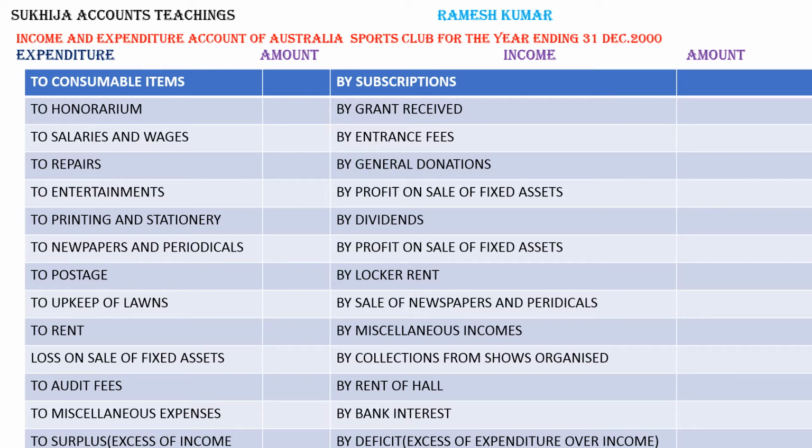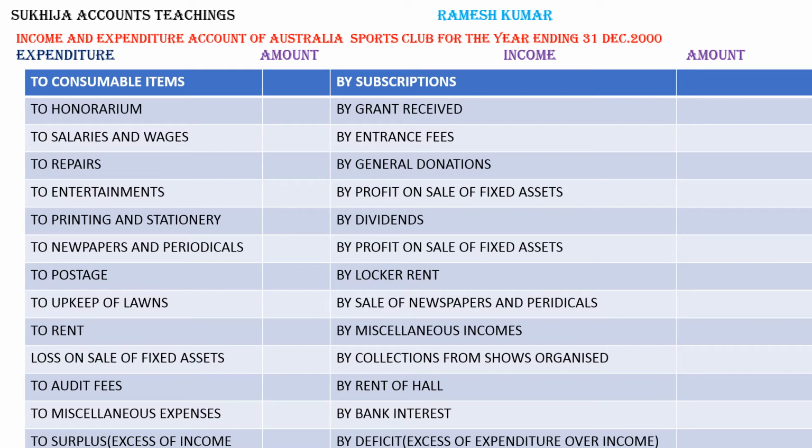By grant received. Grant is given by the government. In central budget, the institution has to apply for grant, and if their application is accepted and all the members agree, then the grant is given to that institution.